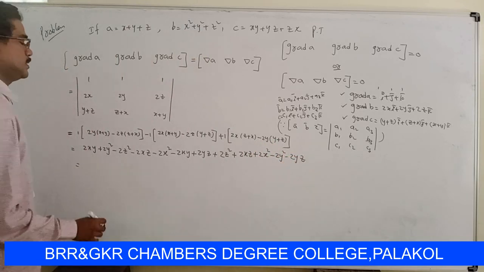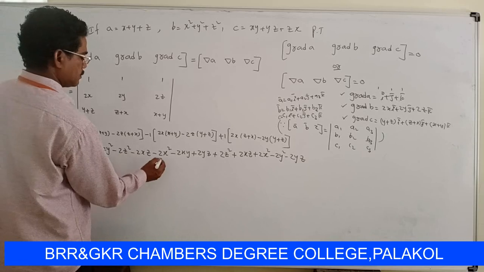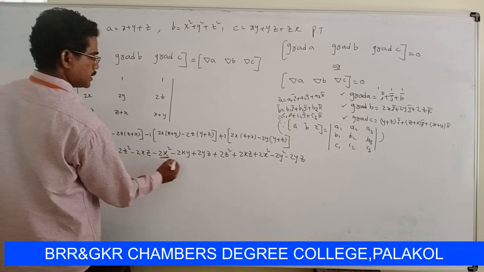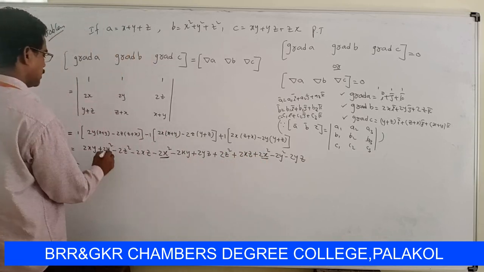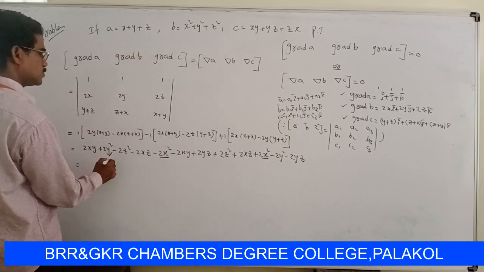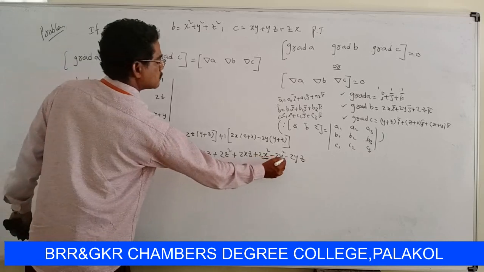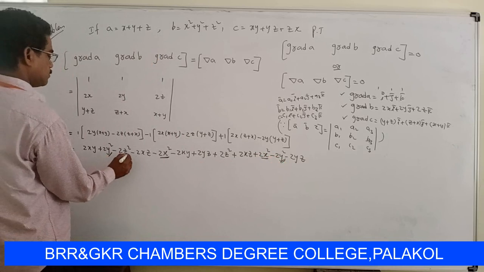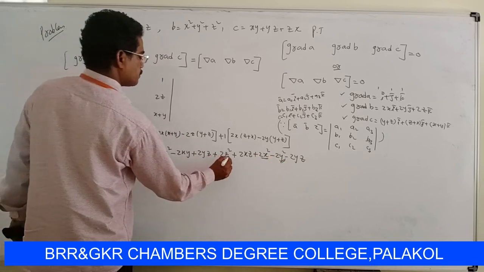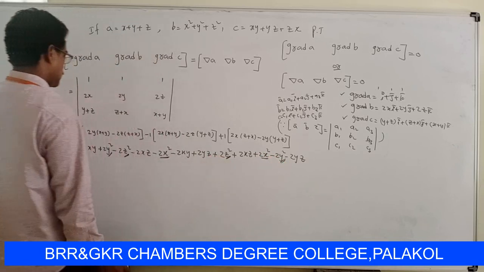First of all, the coefficients of the square terms. Here minus 2x square and plus 2x square cancel, plus 2y square and minus 2y square cancel. Next, minus 2z square and plus 2z square cancel.